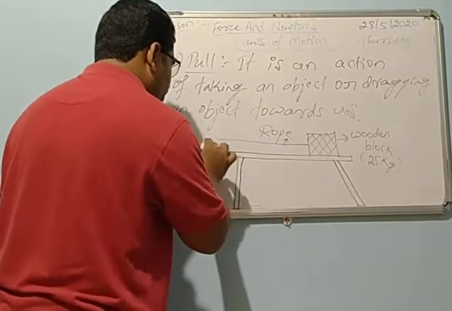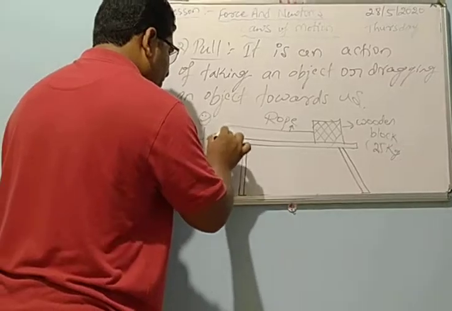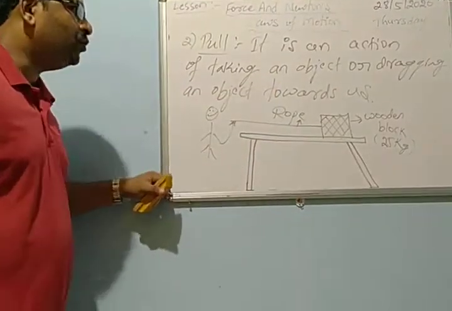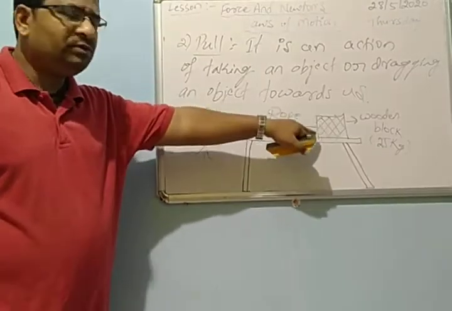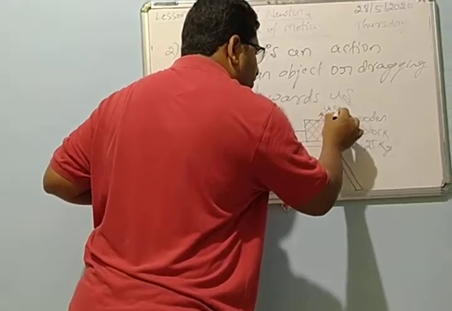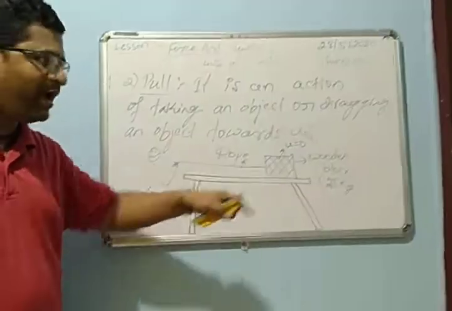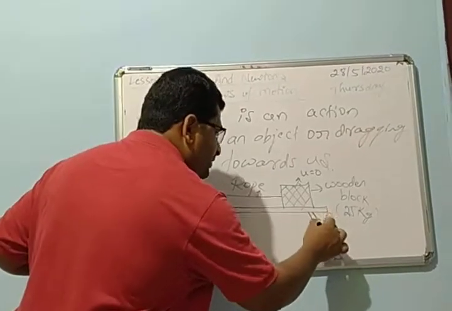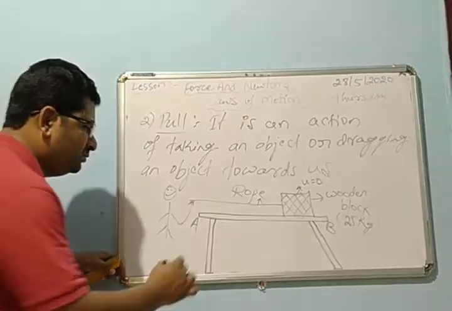This is a rope and a person standing and holding the rope. The wooden block is at rest, that means initial velocity is 0. The wooden block is at the end B, and the person is at the end A of the table.